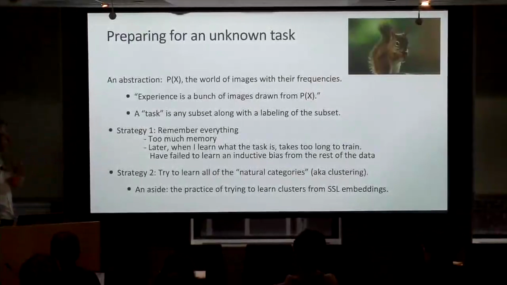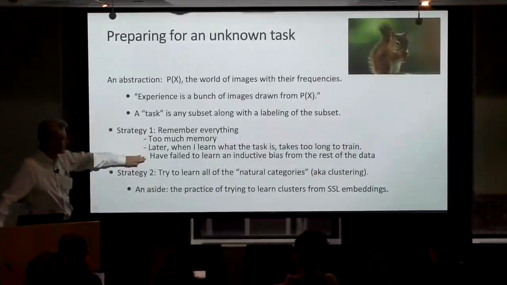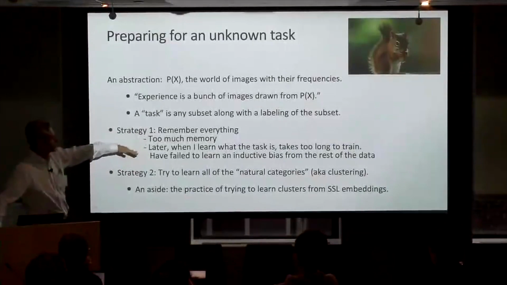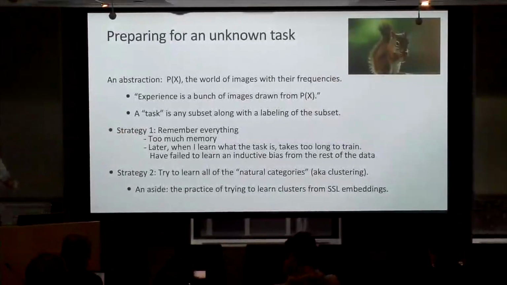And if we have to make a decision quickly, that is, we have to learn the task quickly, then we better start learning sooner. So this is a terrible strategy, basically. Finally, if you're only learning based on the labels you receive, you're not getting the inductive bias that you can get from semi-supervised learning, by looking at all the images you receive, if you're only looking at the labeled images. So let's forget about this strategy.